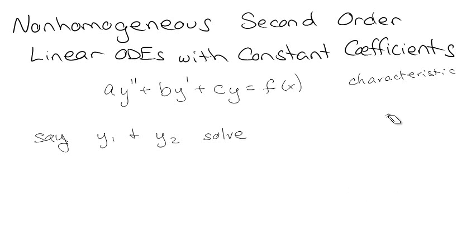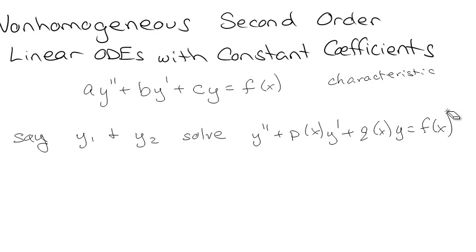So we'll say that those two solve y double prime plus p(x) y prime plus q(x) y equals 0. I know I said constant coefficient, but it's going to be fine. This way we don't have to do it later. Oh, but it equals 0 because it solves the homogeneous version.